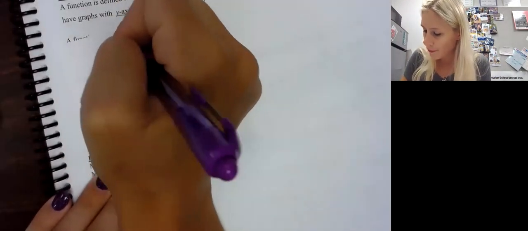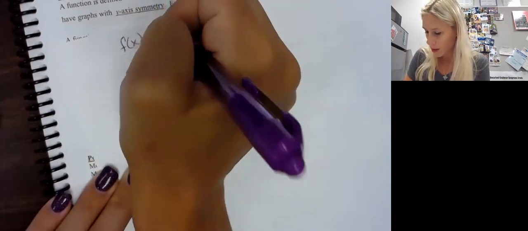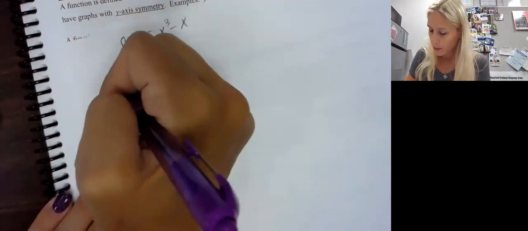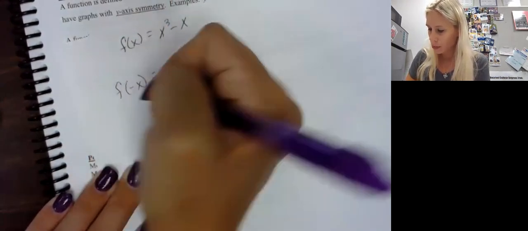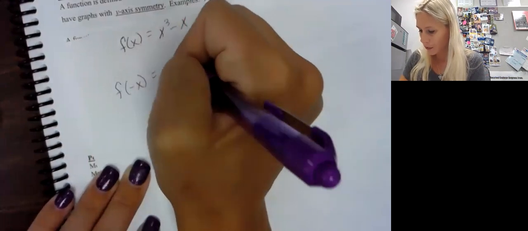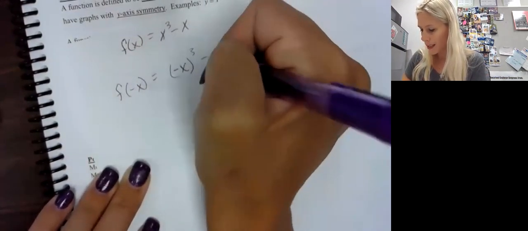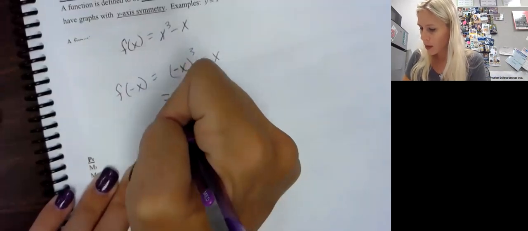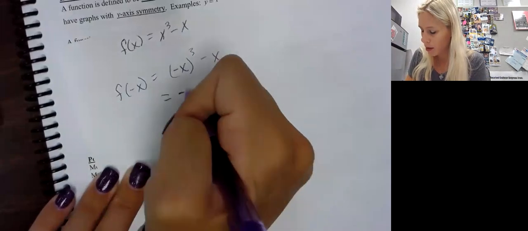So I have f of x equals x cubed minus x. So I'm going to test f of negative x. That's just plugging in negative x for all my x's. And when I simplify that out, well, a negative 1 cubed is still a negative 1.